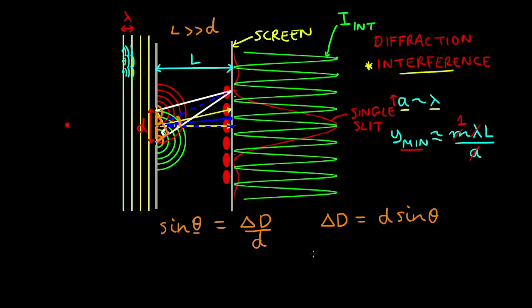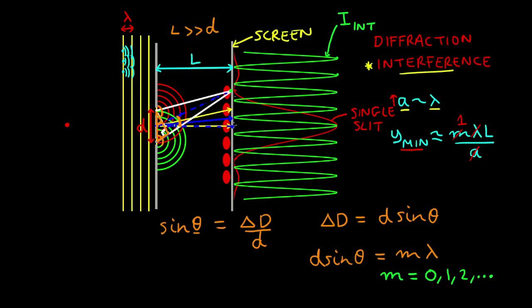So generally, we can write d sine theta equal to m multiplied by the wavelength of light, and therefore to get a bright fringe of light, the path length difference between the wavefronts must be a multiple of the wavelength of light. So m equals 0, 1, 2, and so on.